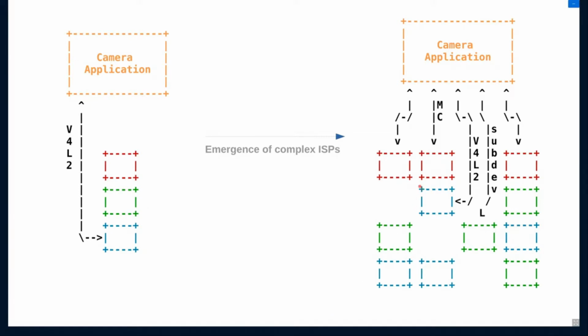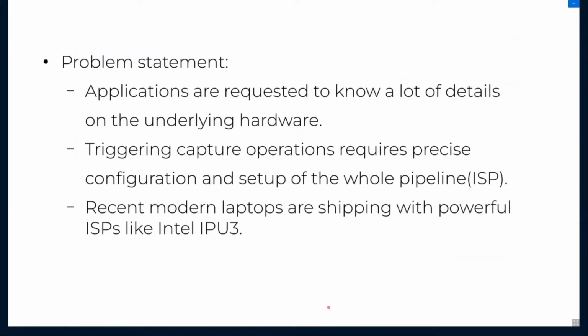We need something which can abstract all this complexity and let application developers write applications that are portable, that depict the main business logic of the application, and can run on different platforms without caring about the platform they are running on.